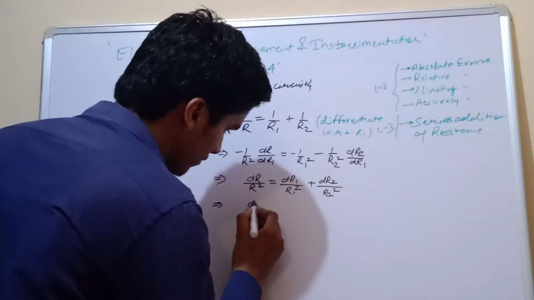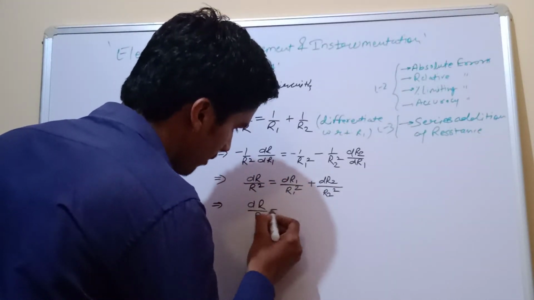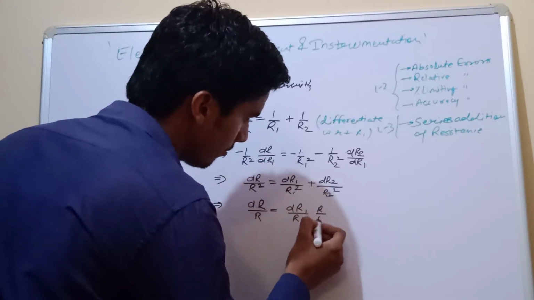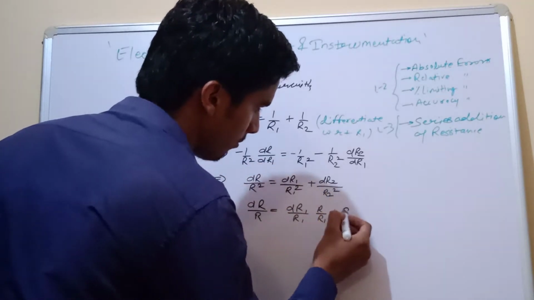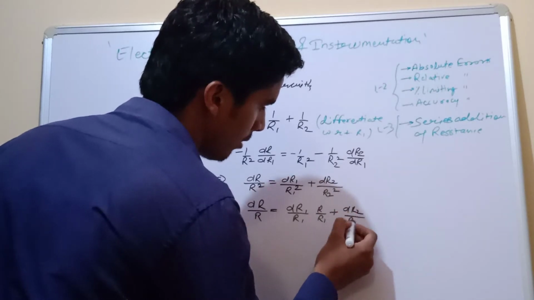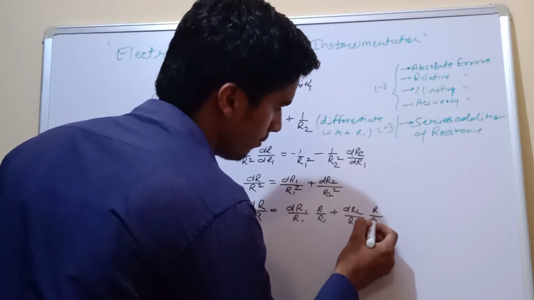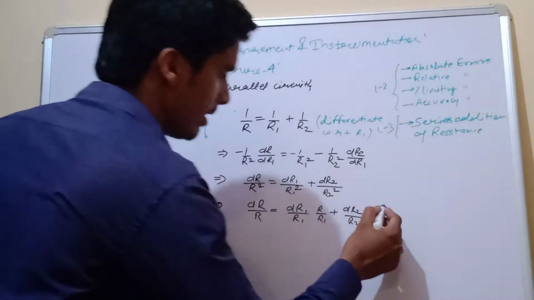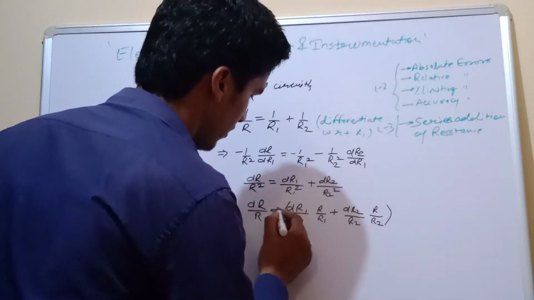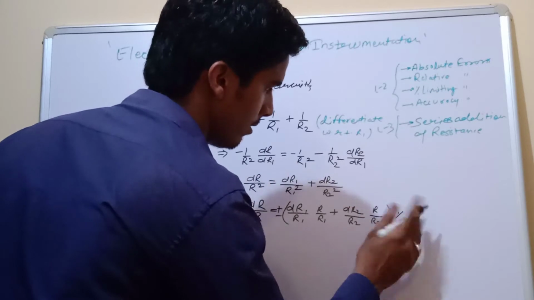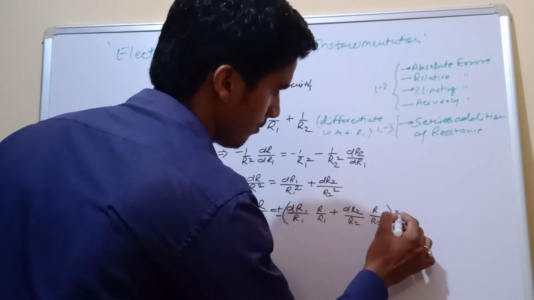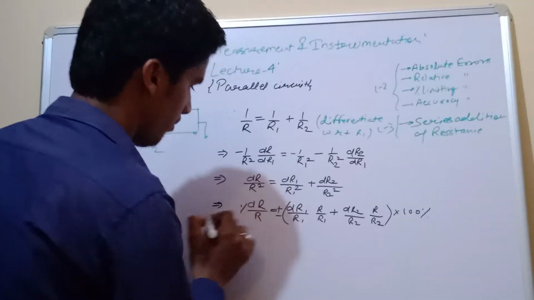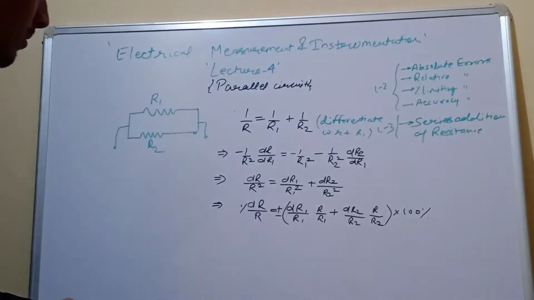So dR upon R will be equivalent to dR1 upon R1 times R upon R1, plus dR2 upon R2 times R upon R2. This is the final expression, and it can be taken in brackets, with plus minus, multiplied by 100, and the percentage limiting error will be this.